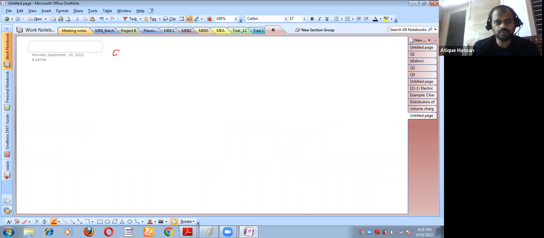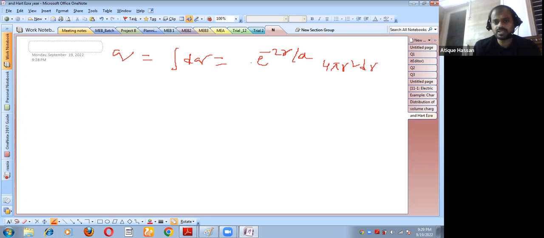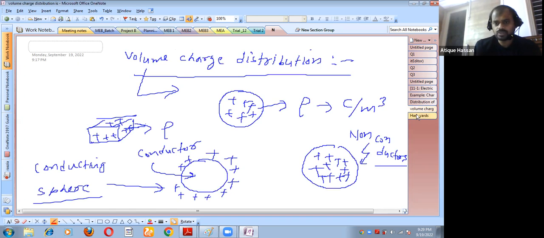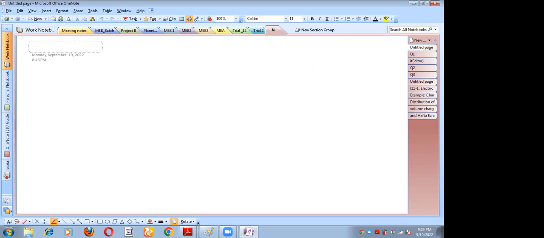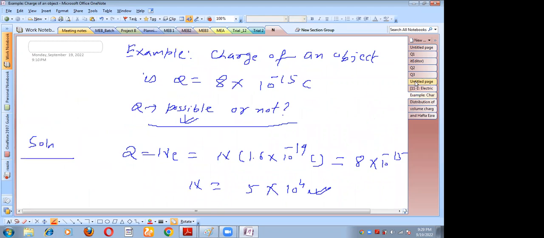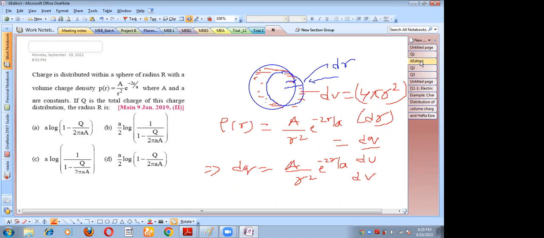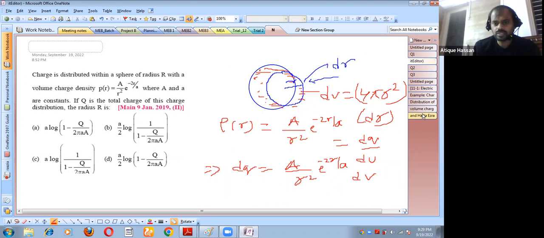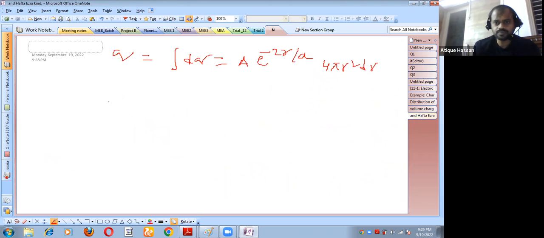So the total charge q will be equal to the integration of dq, and it will be a by r square, e to the power minus 2r by a, 4 pi r square dr. So here we can see that r square and r square will cancel out.